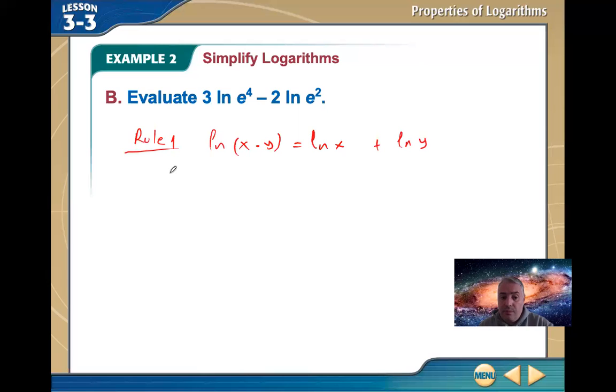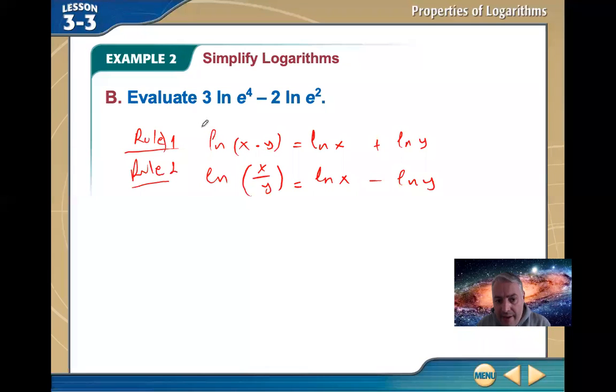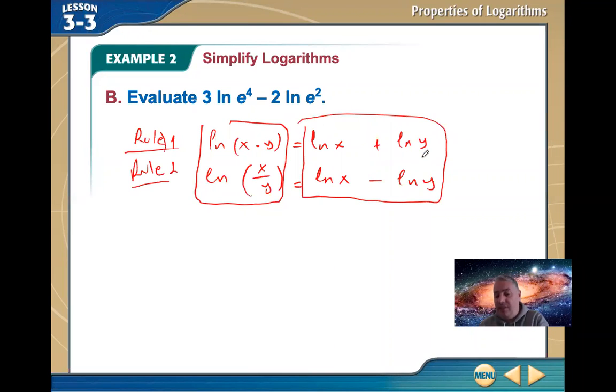Second rule, what is the second rule? The second rule is this: ln of x over y is equal to ln x minus ln y. Here be careful. When we have this side, we used it in the previous question, the right side.